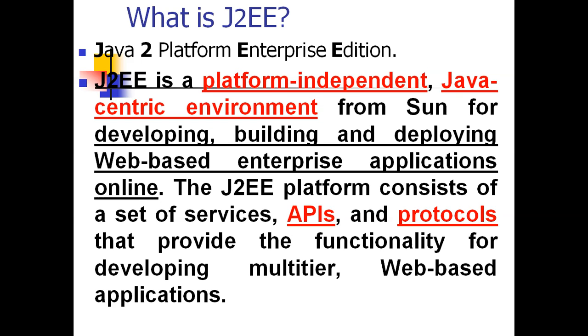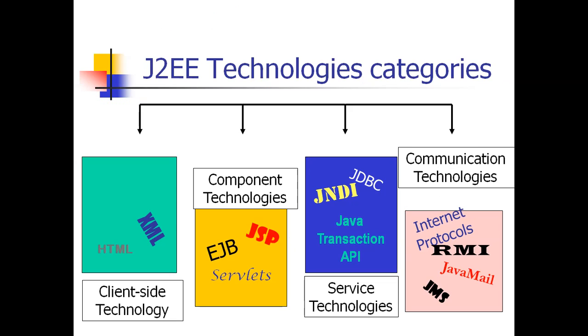So we can develop, build, and deploy web-based enterprise applications on the web. And the J2EE platform consists of a set of services like APIs and protocols that provide the functionality for developing multi-tier web-based applications. So it is very important for developing multi-tier and web-based applications.